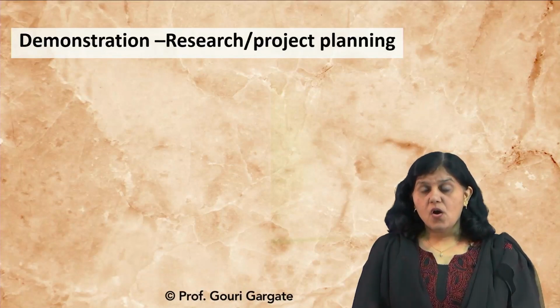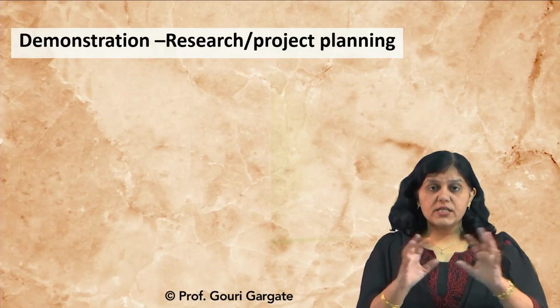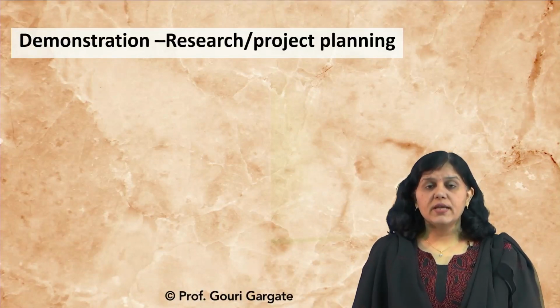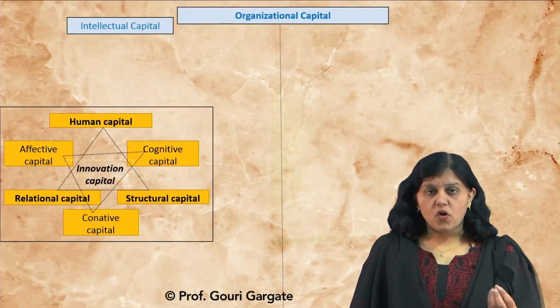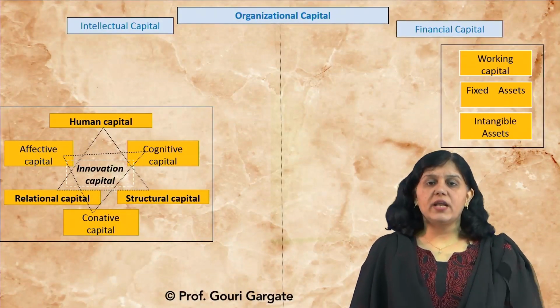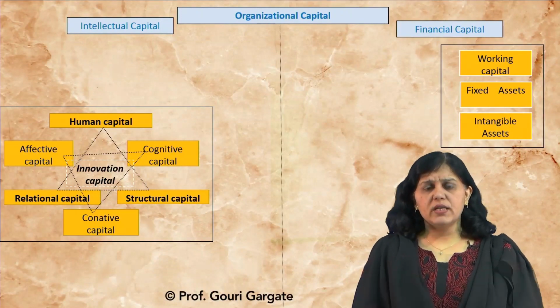If we see how an organization works out, when we are talking about any organizational capital, there are two forms: an intellectual capital and a financial capital, right? Any organization you take.